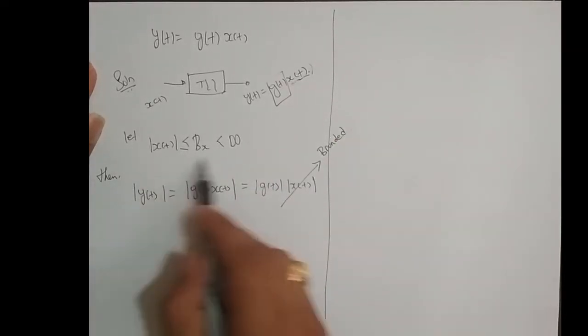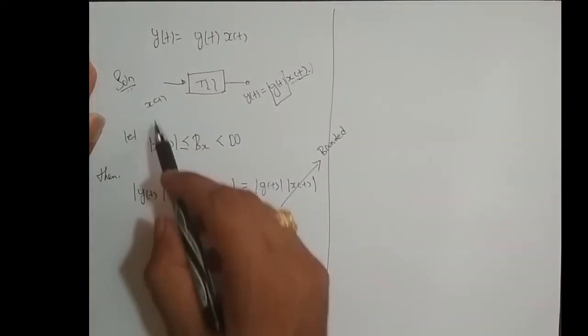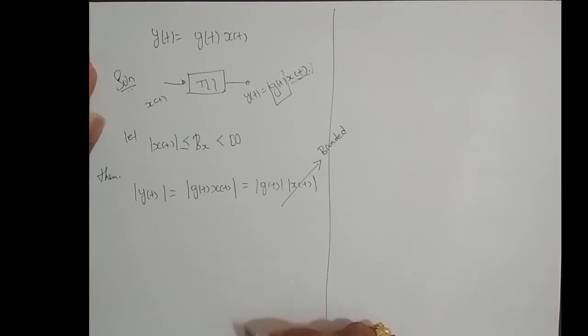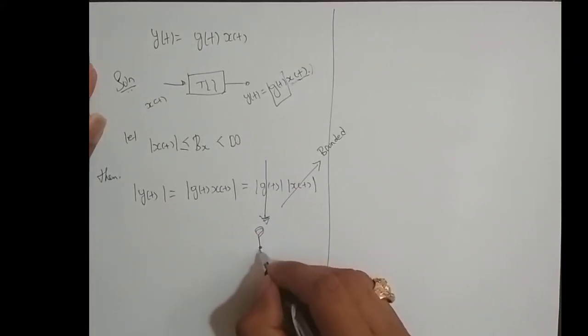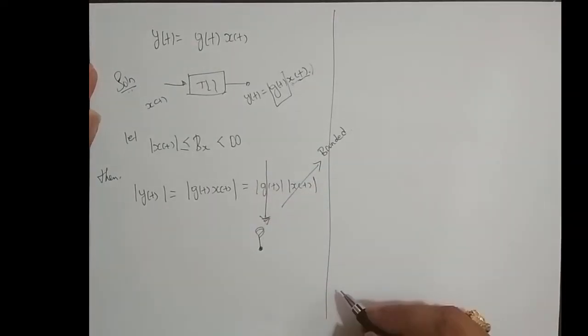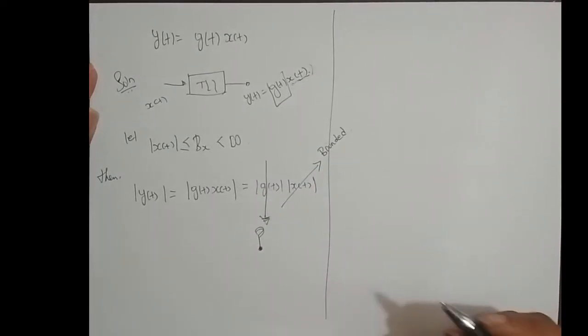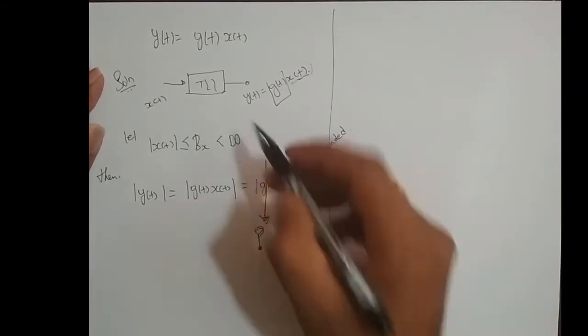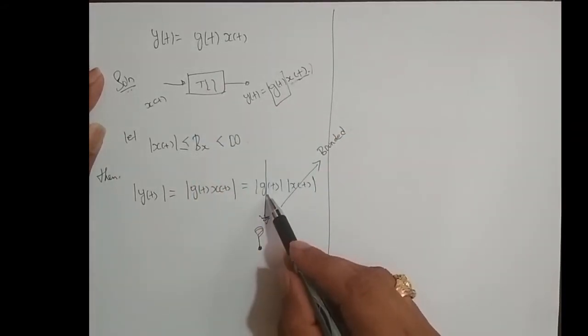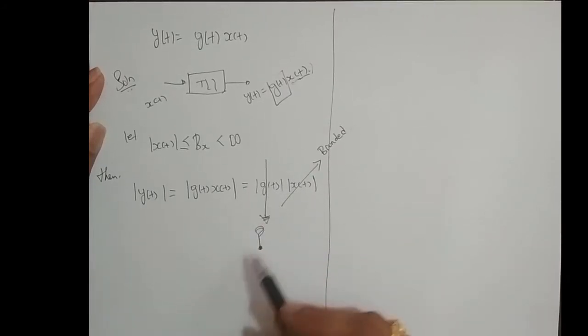Because we assume that the amplitude of the input signal we are applying is bounded. But what is this signal? Is this bounded or unbounded? We don't know, right? So the stability of the system depends upon the magnitude of the signal g of t.